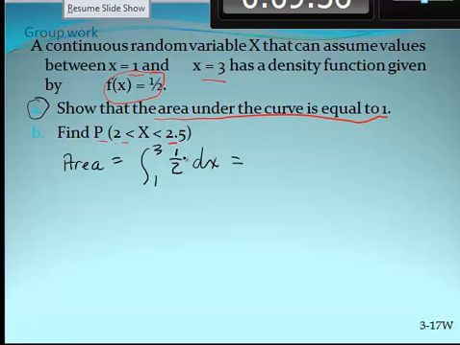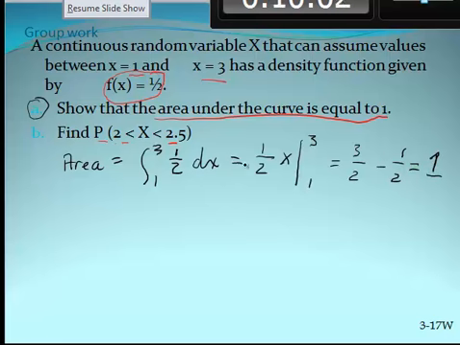If we're integrating a constant, that just means take that constant times x, and then evaluate it between 3 and 1. So it'll be 3/2 minus 1/2. And voila, that does turn out to be 1. And so it is a probability density function.